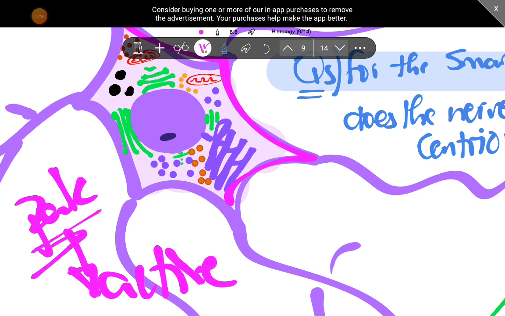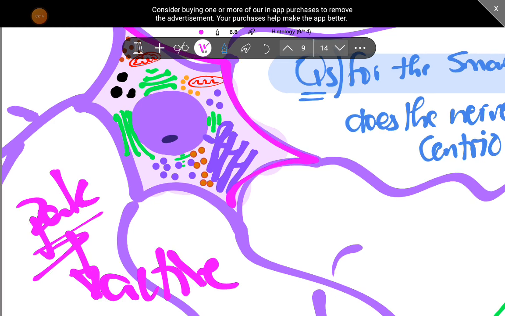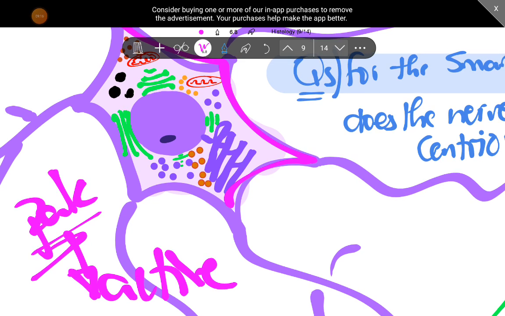Why is that? Because it's synthesizing the neurotransmitters. So I want to know, again, the nucleus: it's spherical, it's pale. The cell body is surrounding it. They did call it perikaryon for a reason. Besides, it's large, I can see a prominent nucleolus, and it's pretty cool.